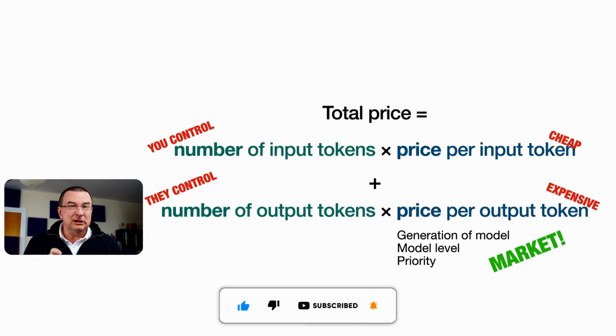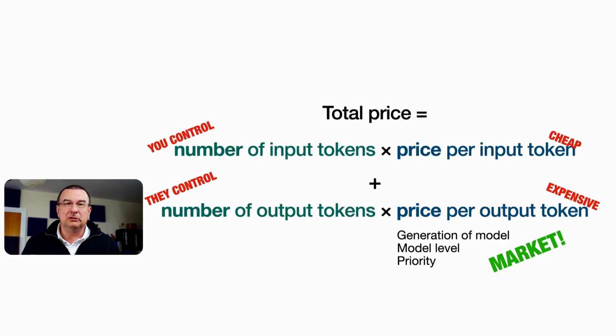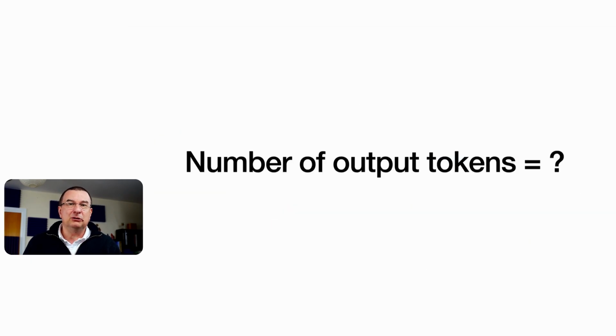Now let's see what's inside the number of output tokens. How can we figure out what goes in there, and how can we increase the number of output tokens that we are selling? As any business, they want to increase their revenues, and irrespective of what we know about their profitability and whether they are subsidizing the tokens that we buy or not, who knows?